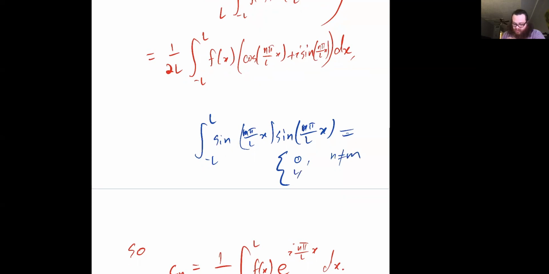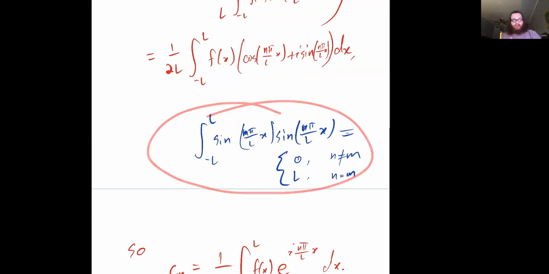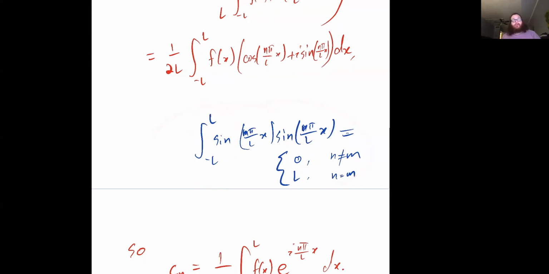Otherwise, for these bounds, minus L to L, this is equal to just L for n equal to m. This was a trig identity, but these were what we were calling these orthogonality relations, and these let all of these coefficients sort of cancel and fall away.